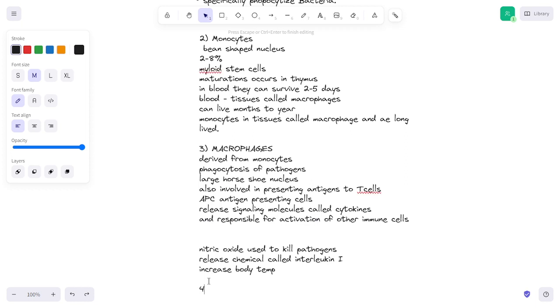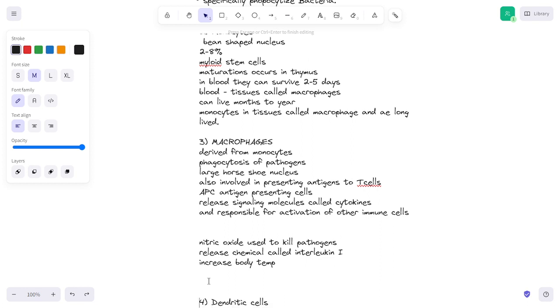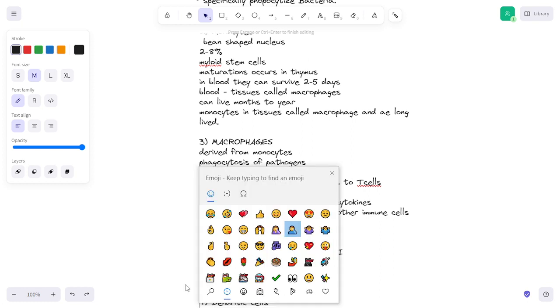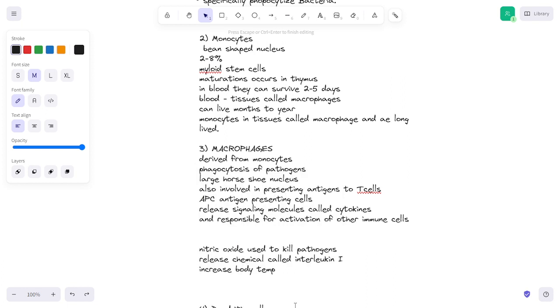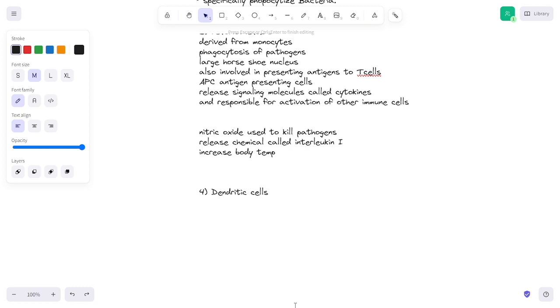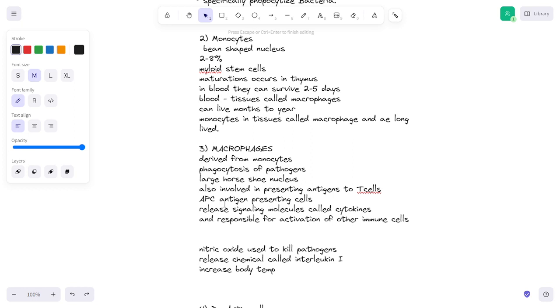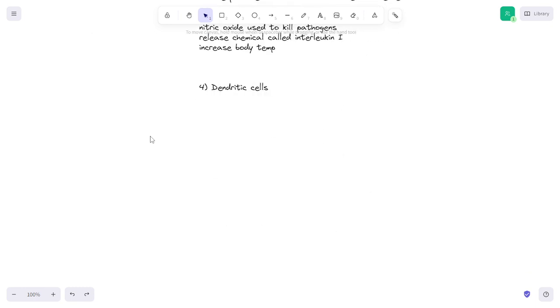Dendritic cells. In the process of phagocytosis, the last white blood cell is the dendritic cell.